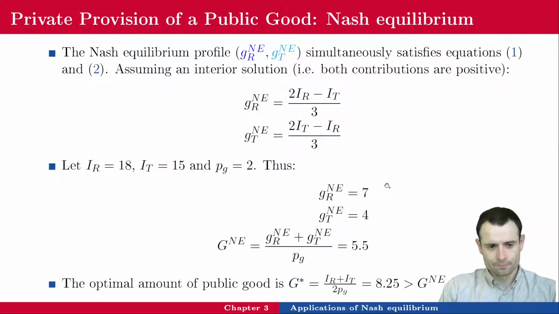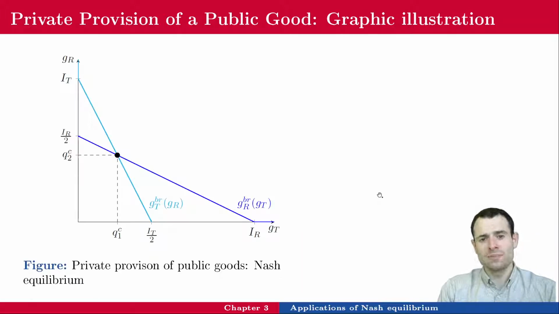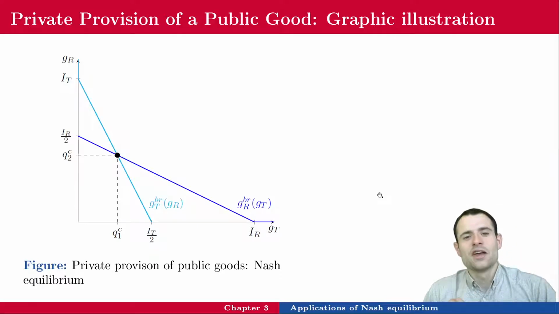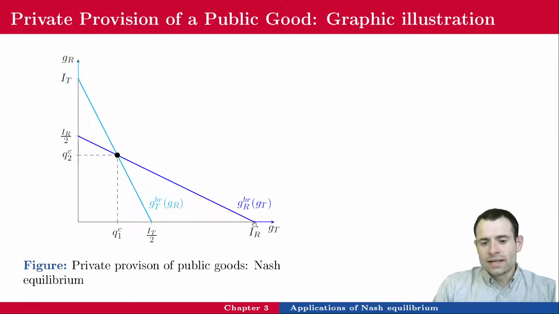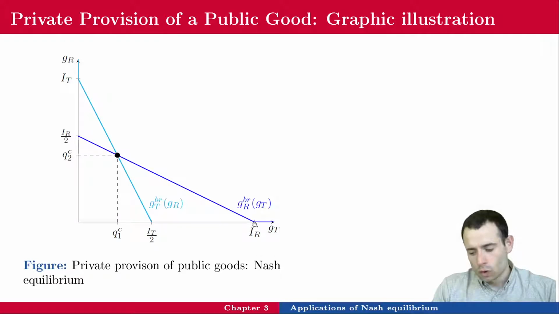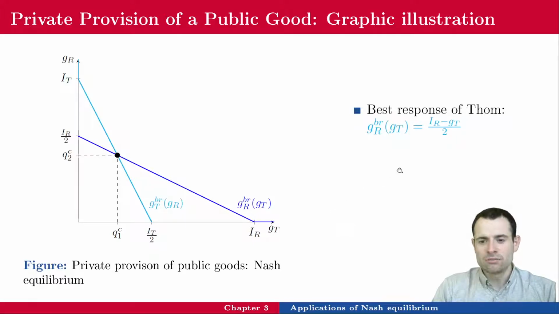Here, I need to represent that piece. So every time you have a piece, you have a kink. Let's look at the best response of Rosia, for instance. This is the dark blue line. We said that her contribution is positive. It was equal to IR minus GT.